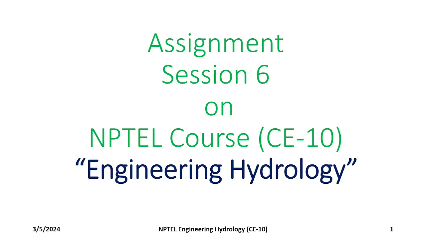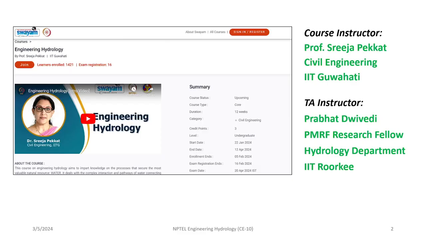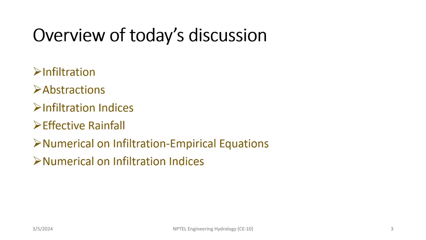Good evening, everyone. Welcome to the assignment session 6 on NPTEL course Engineering Hydrology. So today we will be covering the following topics. Firstly, we will go through some of the concepts and numerical problems based on the infiltration process.